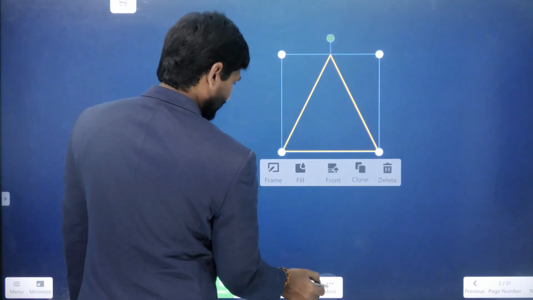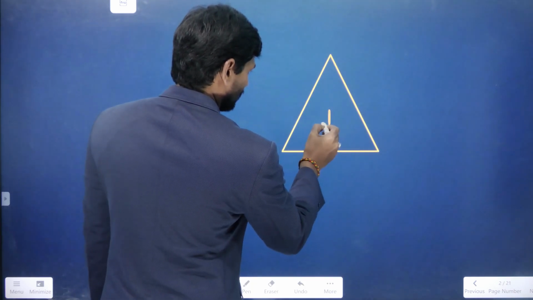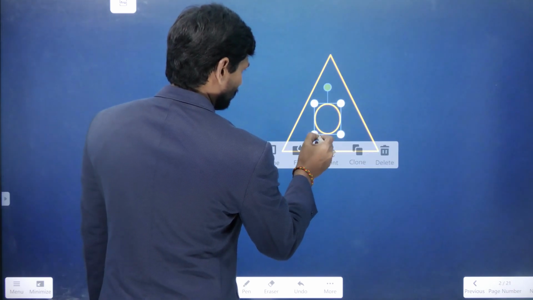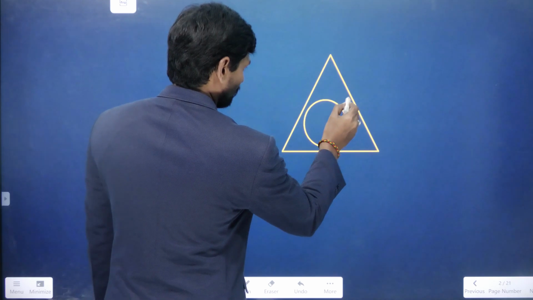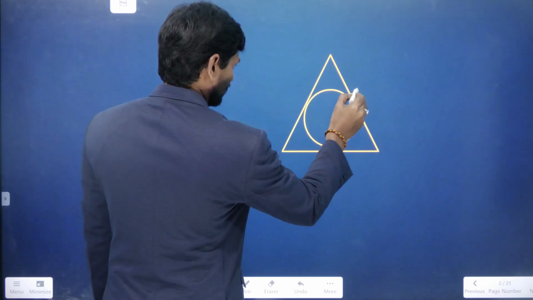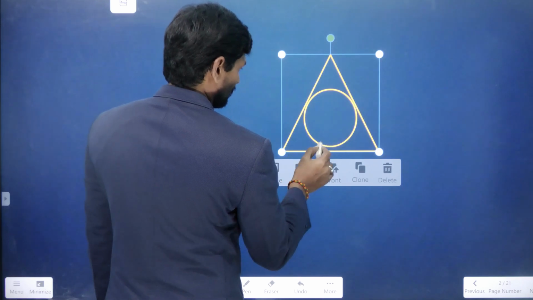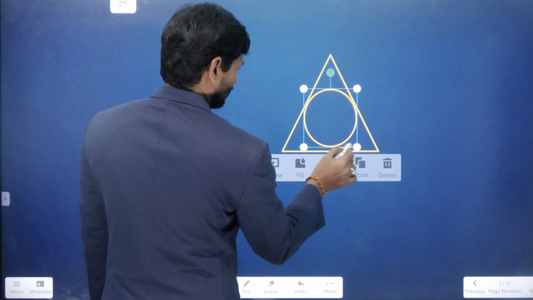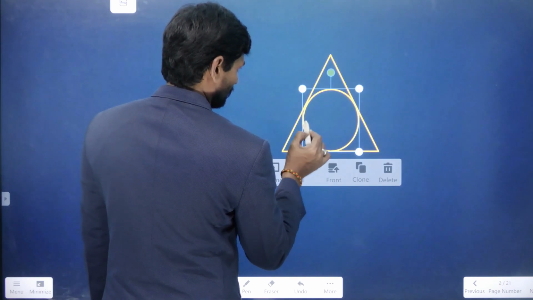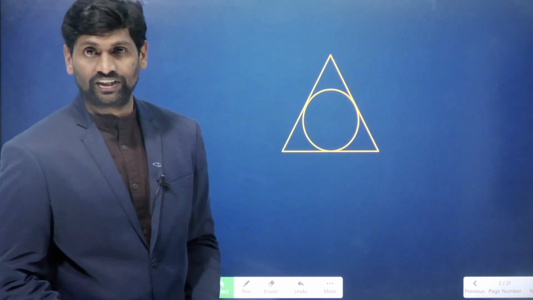If you take a triangle like this and the circle touches all three sides of the triangle. See here, a circle touches the three sides of a triangle, right?